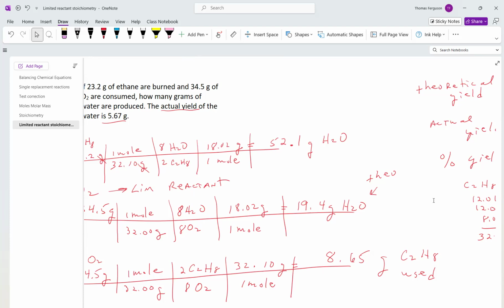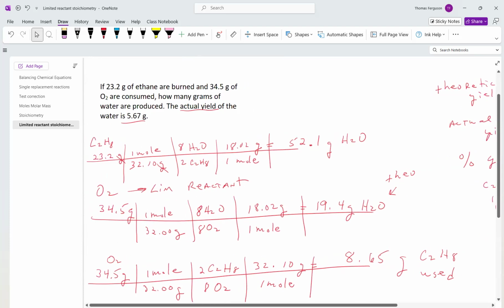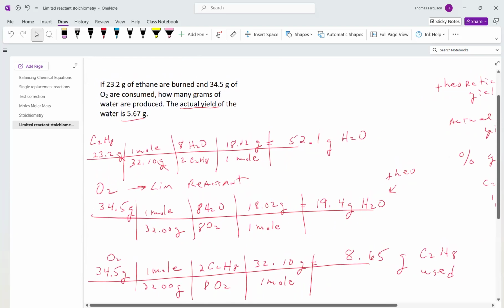Okay, so there are no questions about yield, percent yield, and limiting reactants. Okay. Want me to do another one? Everyone's saying yes? Okay.